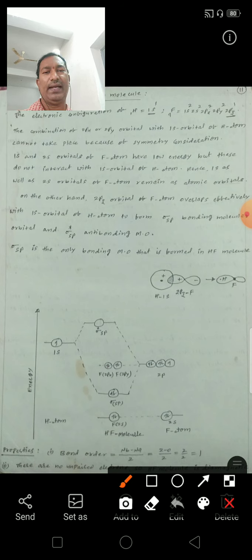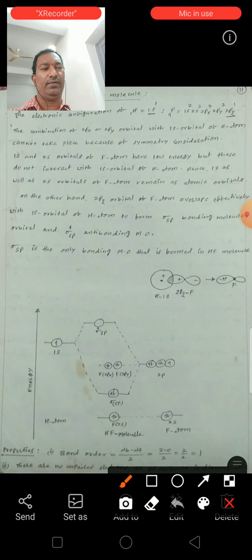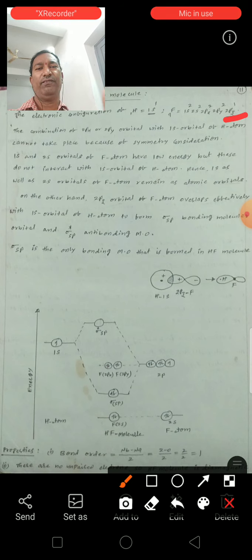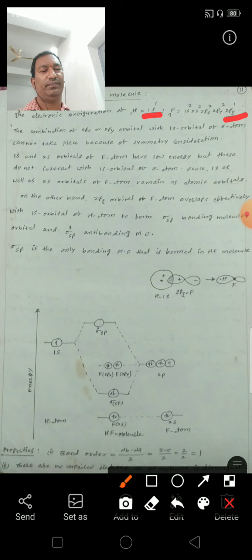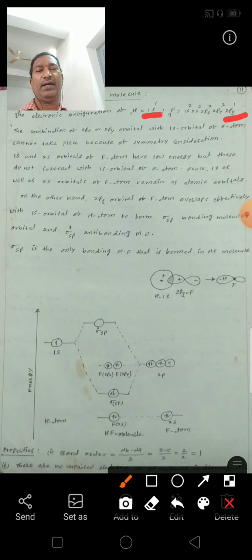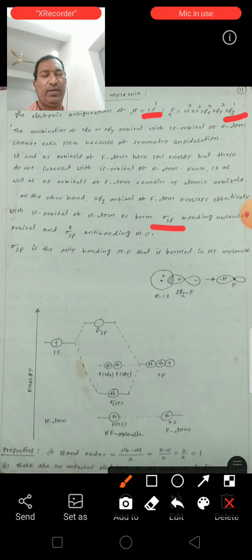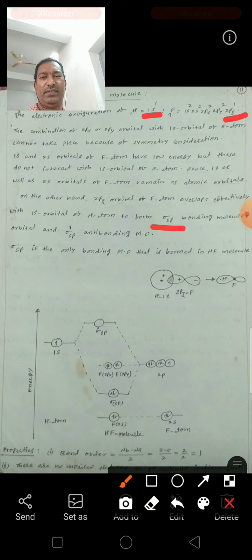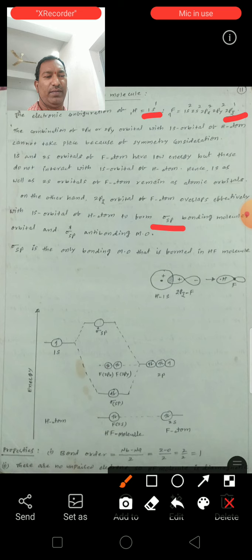On the other hand, the 2pz orbital of the fluorine atom overlaps effectively with the 1s orbital of the hydrogen atom to form a sigma sp bonding molecular orbital and a sigma star sp antibonding molecular orbital.